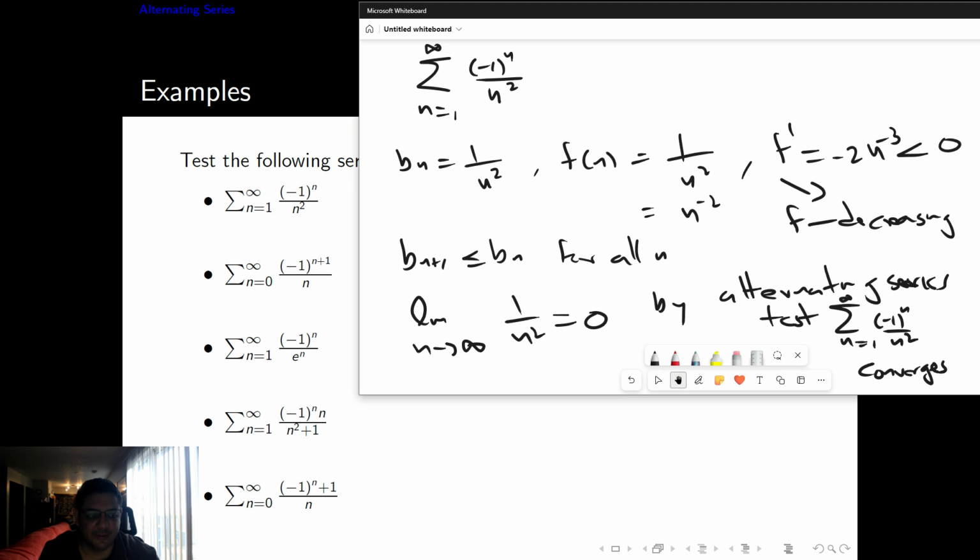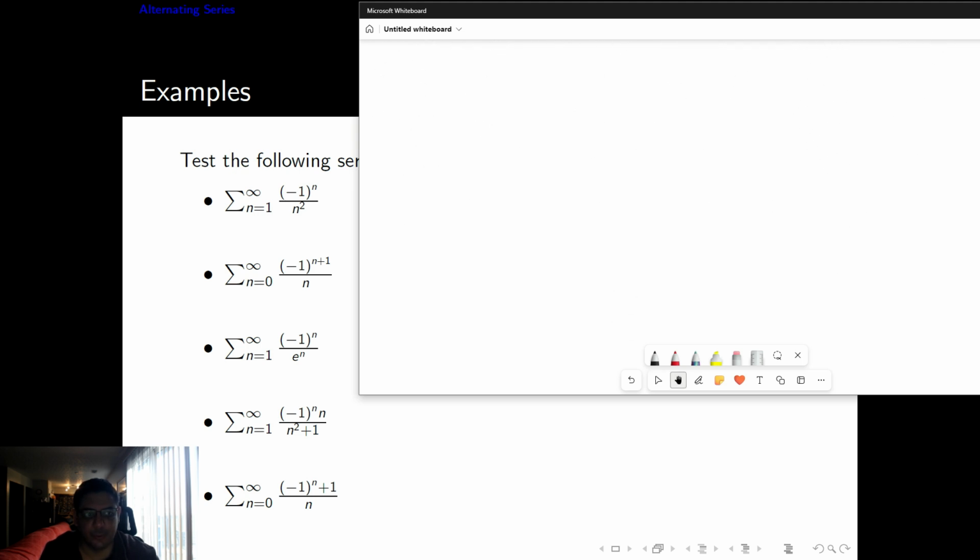Okay, but we also can have the case where we can just prove that something is decreasing by just showcasing the inequality. So here in the second case we have minus 1 to the n plus 1 over n. Clearly the sequence here is 1 over n.